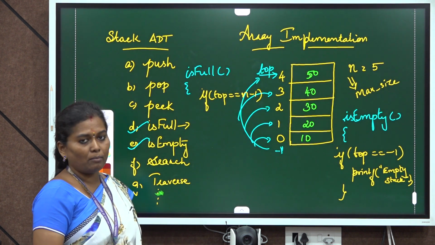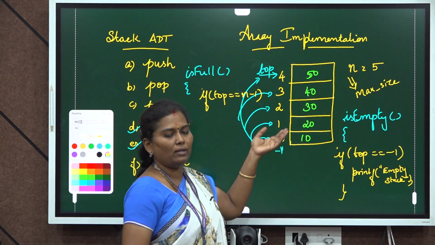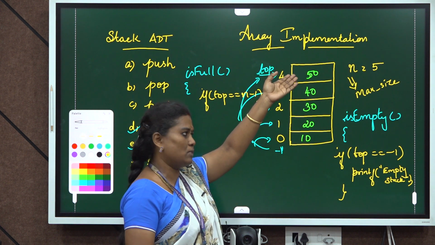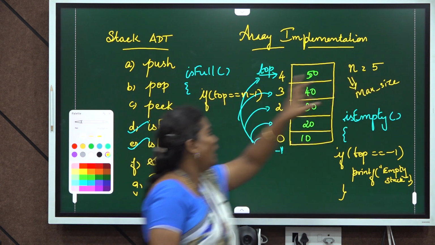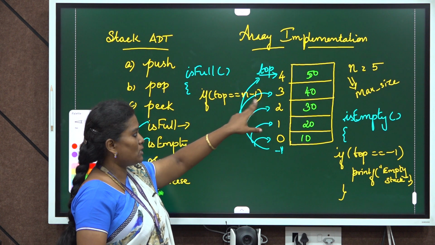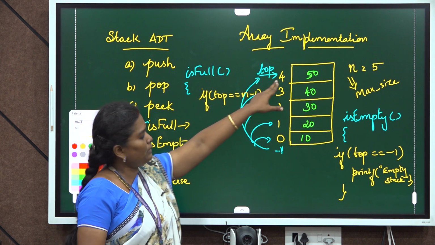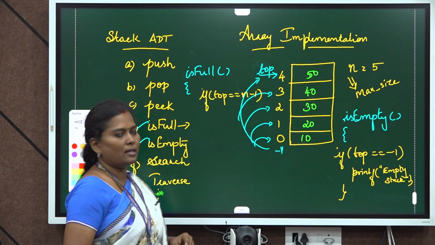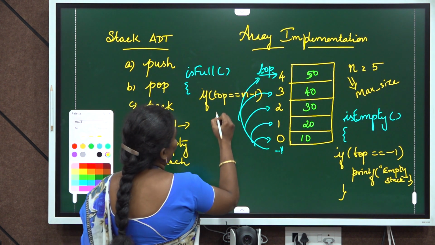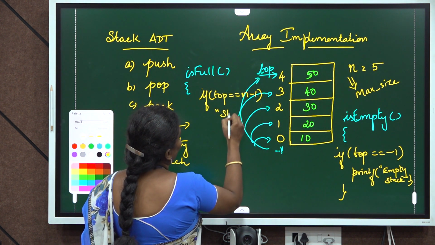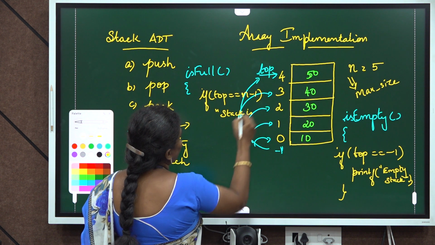Why are we saying n minus 1? Because we know the array will start from 0 to n minus 1, where n is 5, and here we are checking for n minus 1, which is 4. If top is 4, it means the stack is full.